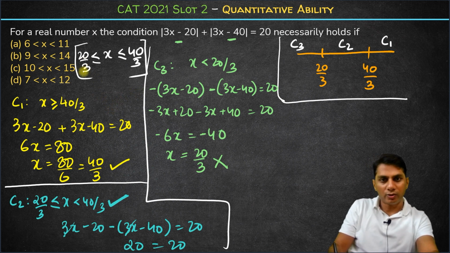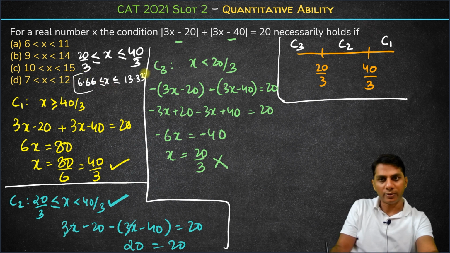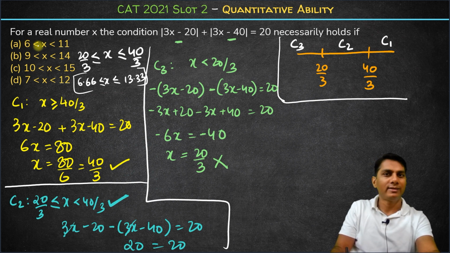Okay. So now 20 by 3 is approximately 6.66 and 40 by 3 is approximately 13.33. So x should be between these two. Let's see which of these options is correct. Here it says x is greater than 6 but less than 11. Well, all values greater than 6 are not acceptable. 6.1, 6.2, 6.3 are not acceptable.